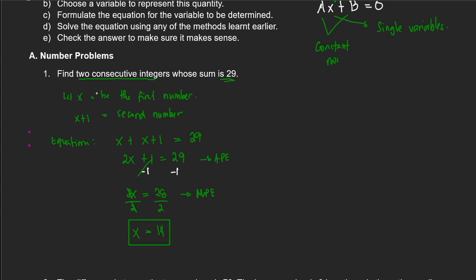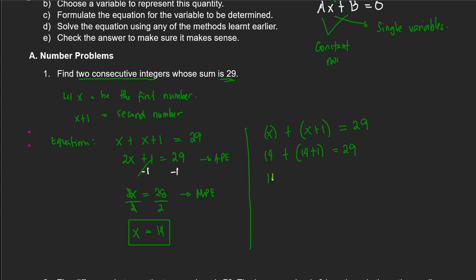Now, ang goal po natin is to identify the two consecutive integers whose sum is 29. So if our first integer is 14, plus this is also 14 plus 1, is equal to 29.